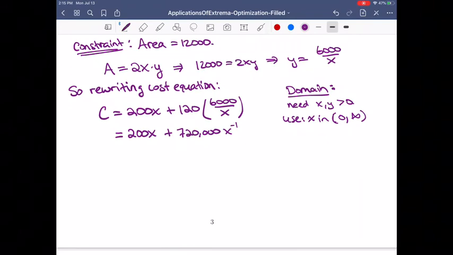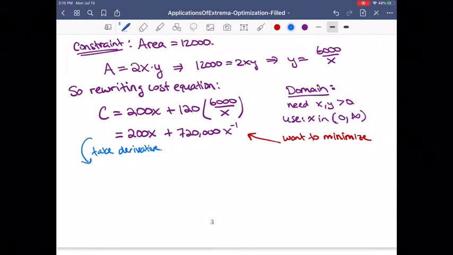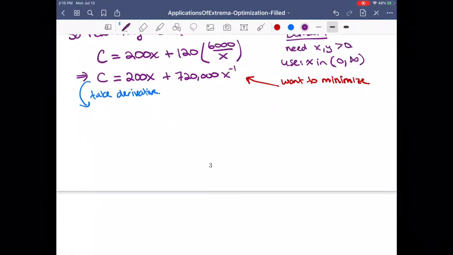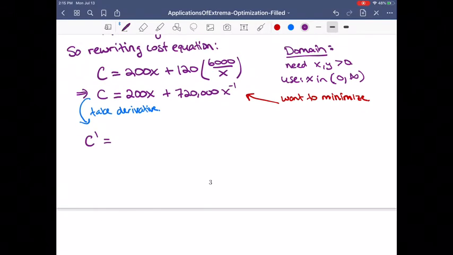So we want to minimize this equation. When we want to maximize or minimize, we take the derivative. Now that we have C in terms of only x, we're able to take its derivative. The reason I want to take the derivative of C is because I want to minimize the cost, so I want to look for its critical numbers.